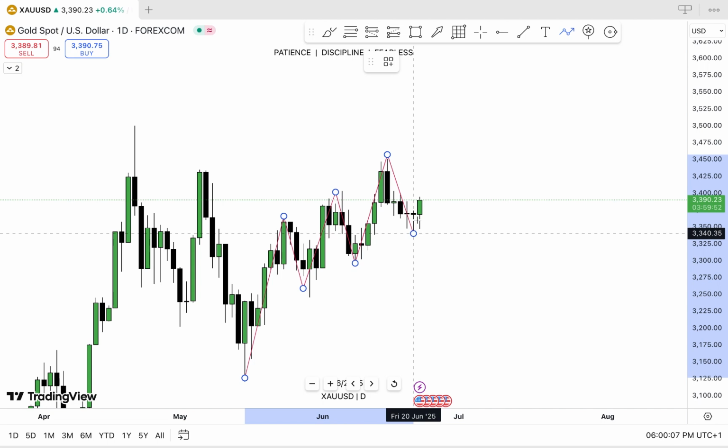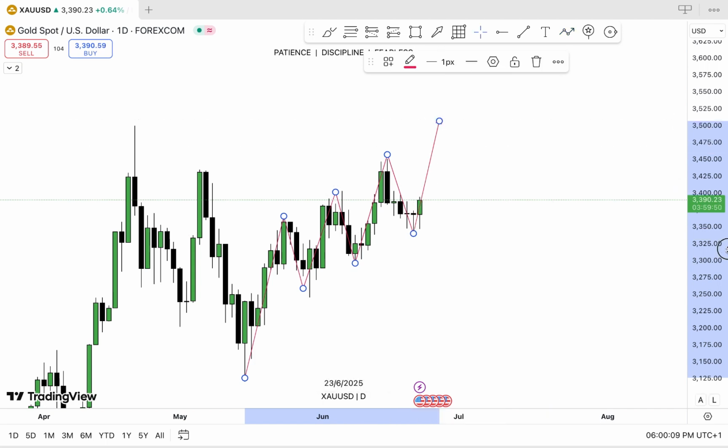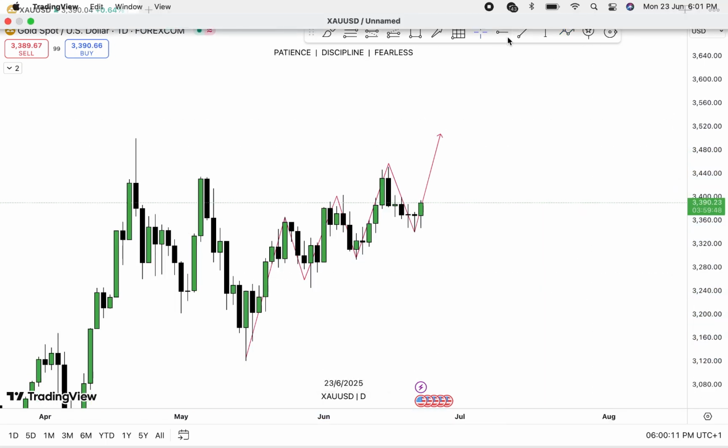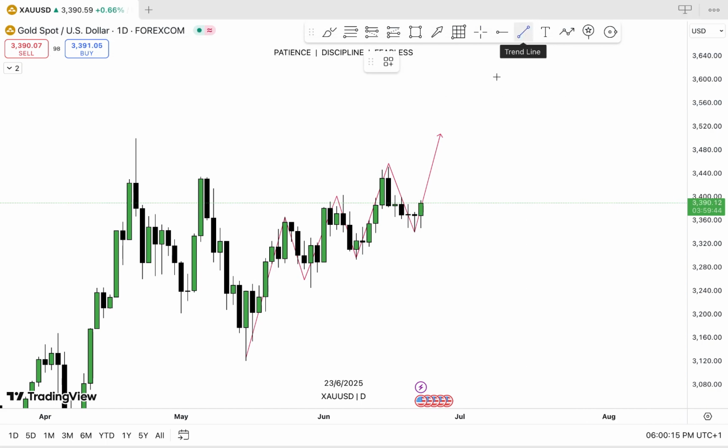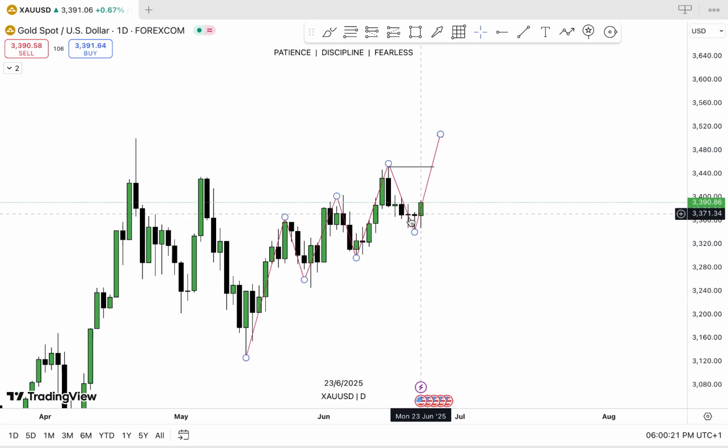So what do we expect? We expect price to keep on that structure until it gives us a market structure shift that it's about to continue a bearish direction. Now this is on the daily time frame, which means that we cannot trade on this daily time frame. So we just have to know that price is on a bullish run.